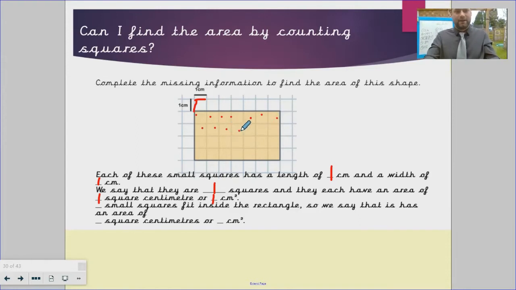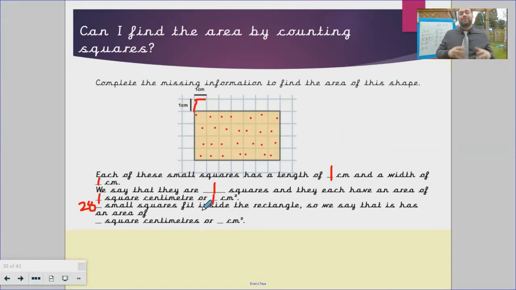So 8, 9, 10, and on up to 28. So 28 small squares fit inside our rectangle.